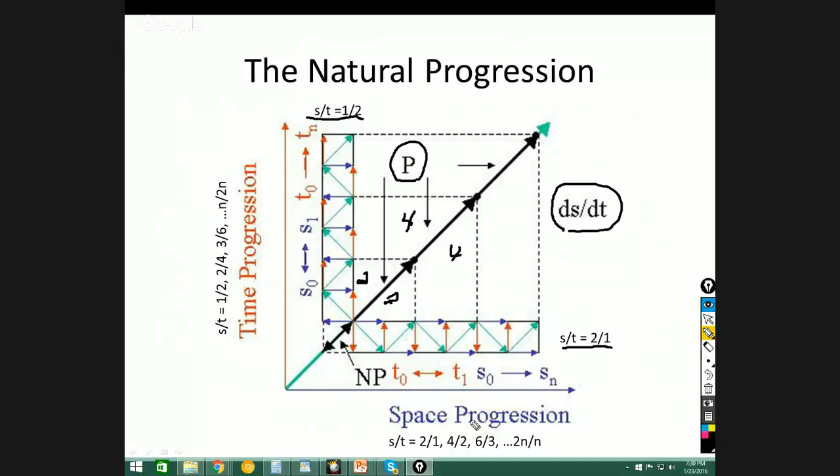So as we go on in the space progression, as the oscillation occurs, there would be 2/1, and then 4/2, and 6/3 in the case when this is oscillating.